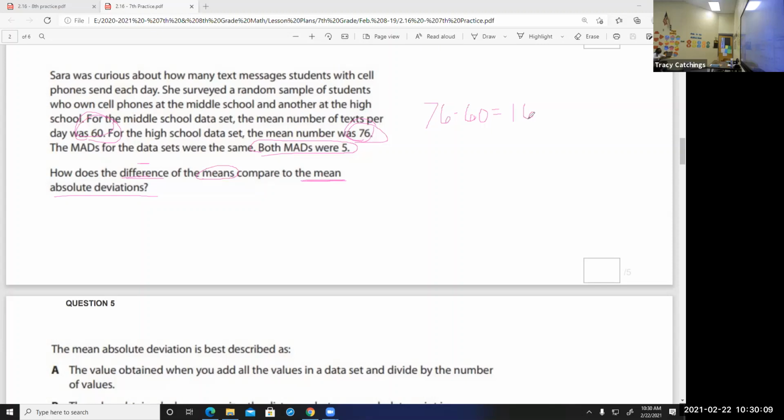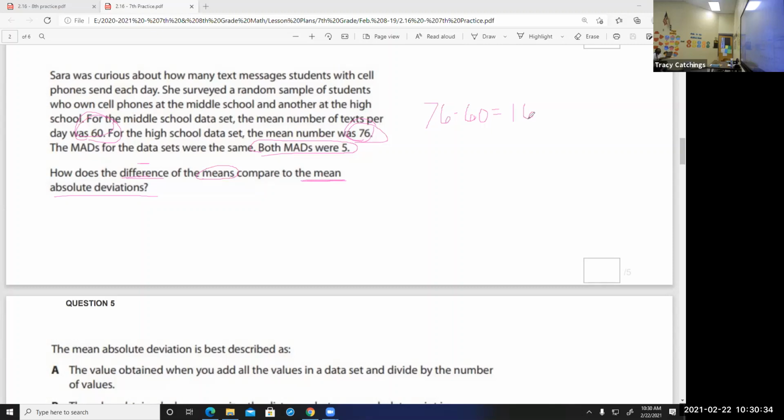It's like saying I did an average of my 7th graders, you all was 60, my 8th graders was 76, and then I subtracted the 2 and I got 16. What does that tell us about these two data sets? Let me reword it. Who texts the most? How you know?